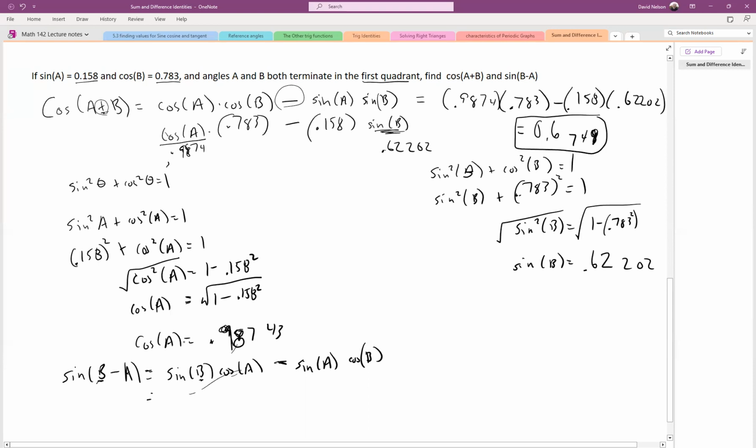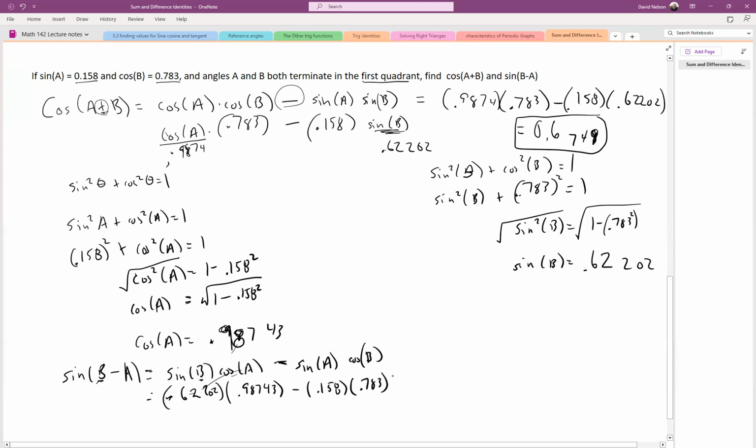And I already actually have all these values now, so I just need to plug them in. The sine of B, did we calculate that? Yes, we calculated that, 0.62202. Cosine of A, we calculated that one as well, 0.98743. Sine of A was given to us, the 0.158, and cosine of B is 0.783.